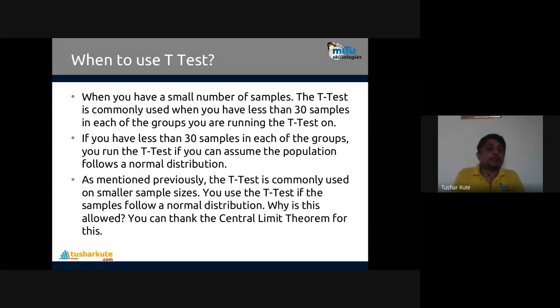If you have fewer than 30 samples in each group, you run the t-test. You can use it if you can assume the population follows the normal distribution, that is, the data is Gaussian distributed. These are the assumptions we are using: there are no outliers and the data is equally spread.